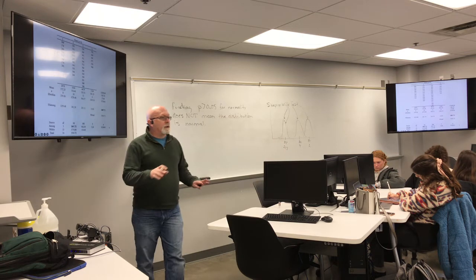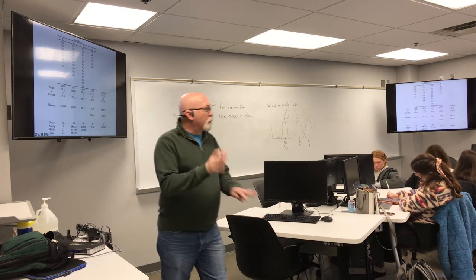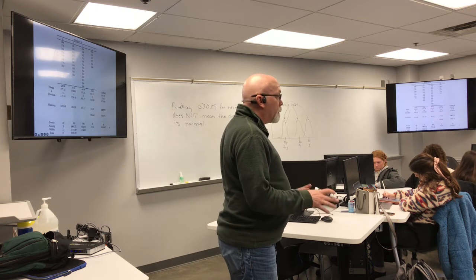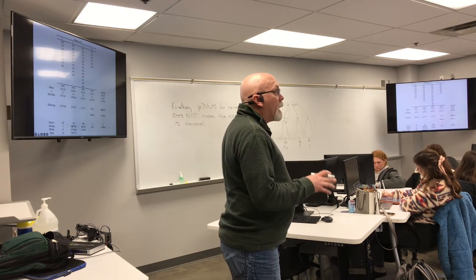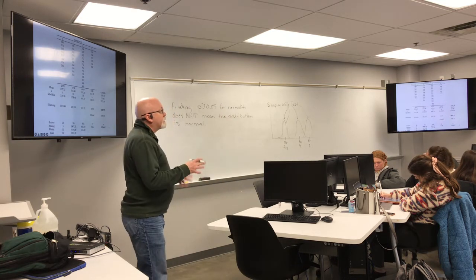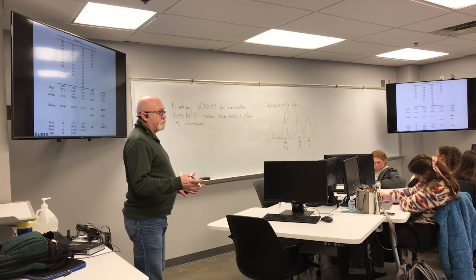Just because you find that the p-value for a Shapiro-Wilk test is greater than 0.05 doesn't mean that that population is normal. It might just mean that you have a poor sample size and you can't detect a deviation from normality.